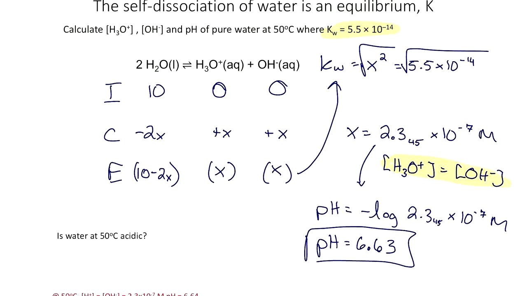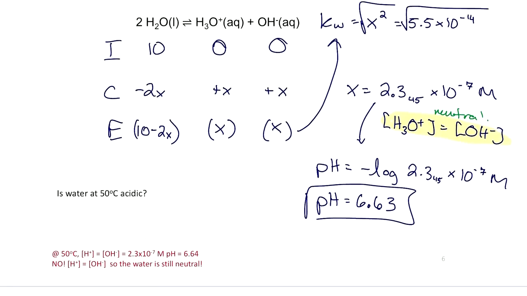Both of them are equal to x. So this is the definition of what a neutral solution is. And so this 6.63 value we just calculated just tells us how much H plus is there, but it also is the same concentration of hydroxide as well. So this water is in fact still neutral.